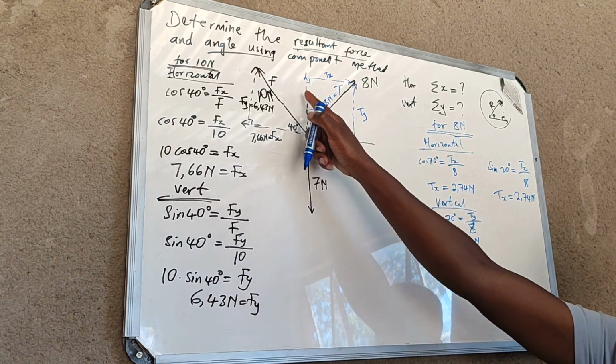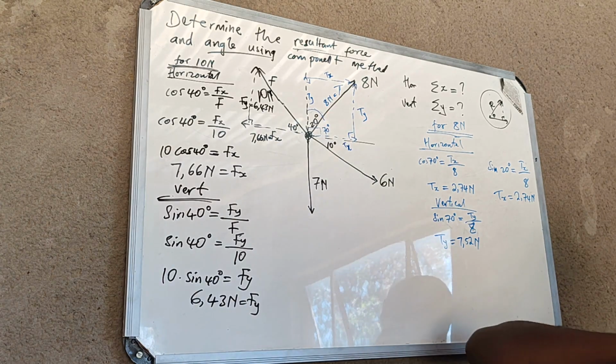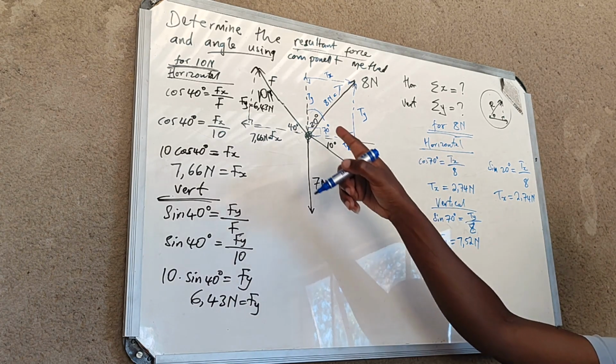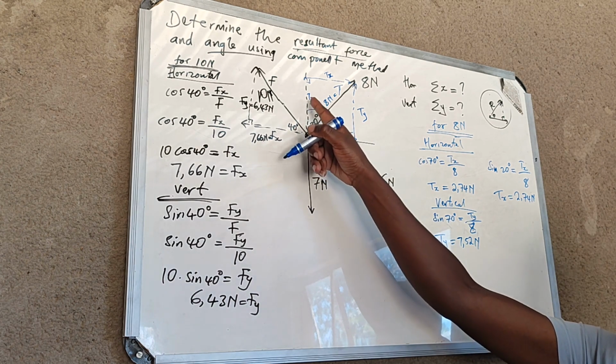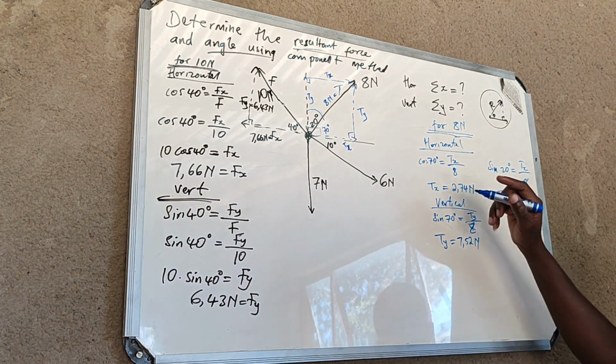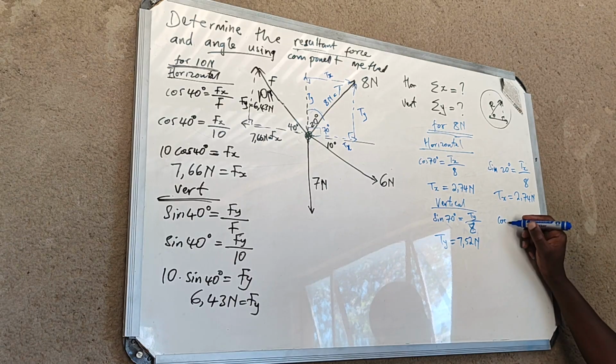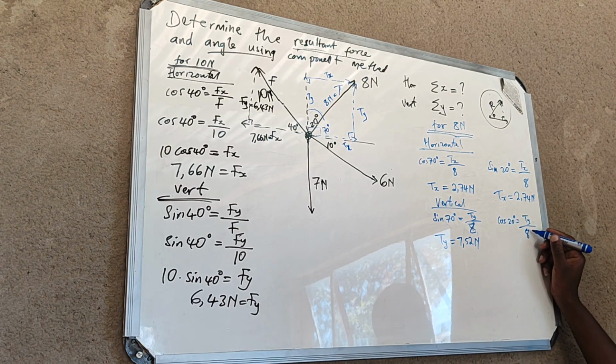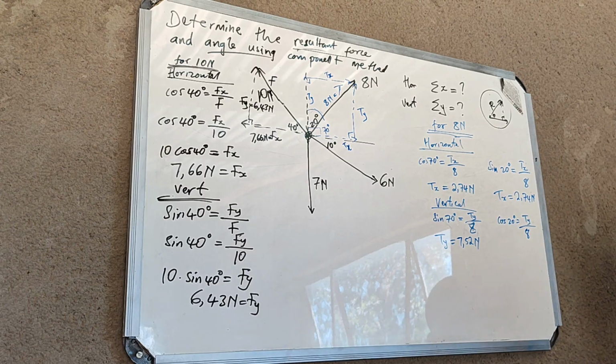looking for this y again. So what is this y? In this case, for 20, it will be adjacent again. This one will be adjacent, and this will be the hypotenuse. Now we'll be using cos of 20 degrees equals the adjacent ty over the hypotenuse, which is 8. So now if that is the case, this will multiply again.